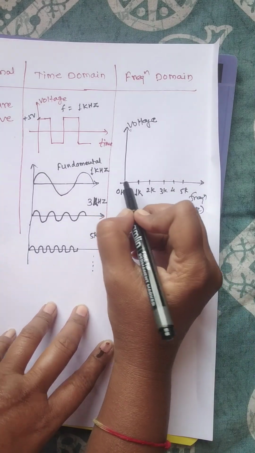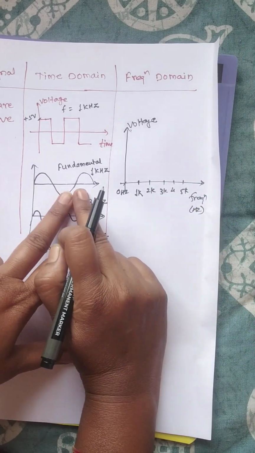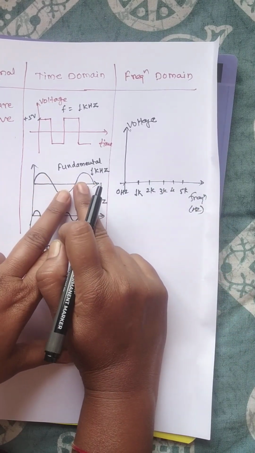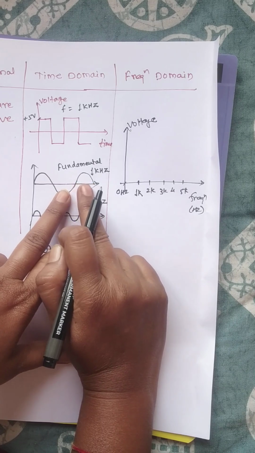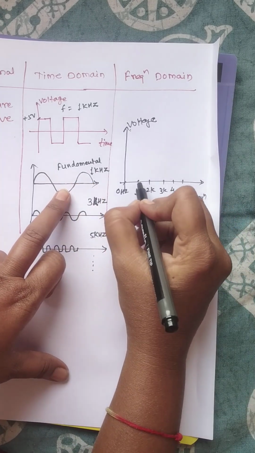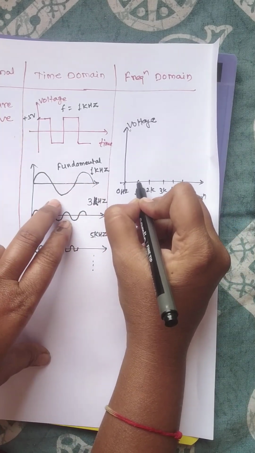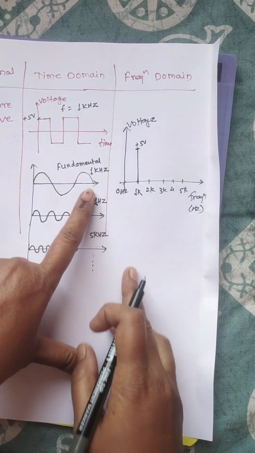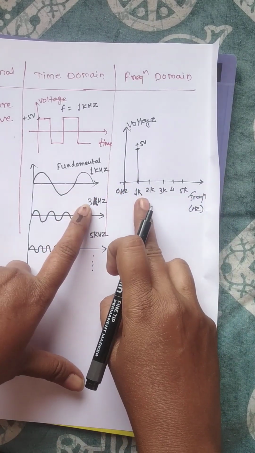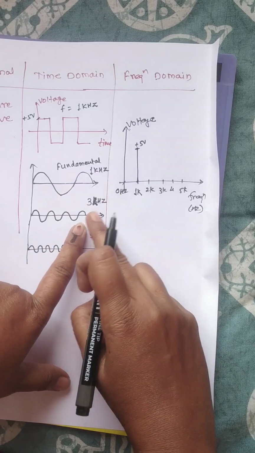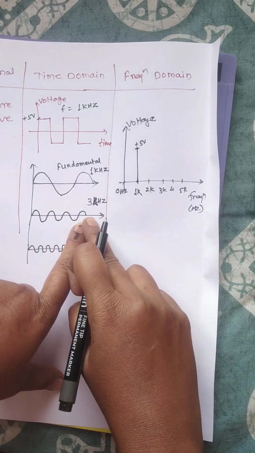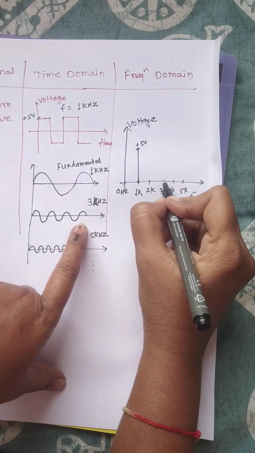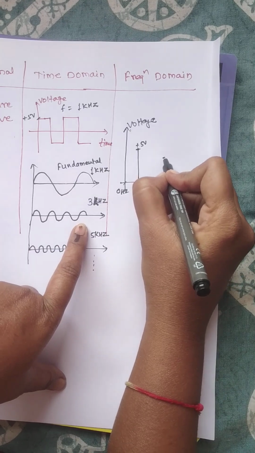Okay. So the first frequency is available at 1 kilohertz. At 1 kilohertz, how much is the amplitude? Let us consider plus 5 volt. Next, 2 kilohertz is absent, so it is 0. 3 kilohertz, yes, the 3 kilohertz frequency is present, but its amplitude is reduced compared to the first one.